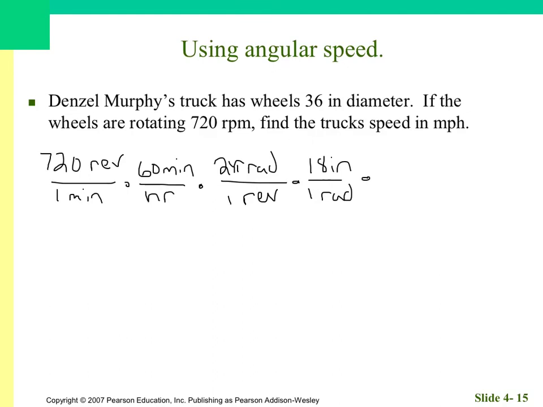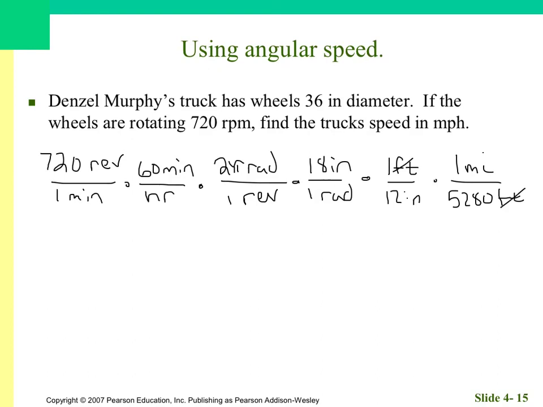Okay. But then we got to get from inches to feet. So there's 1 foot for every 12 inches. And then there's 1 mile for every 5,280 feet.